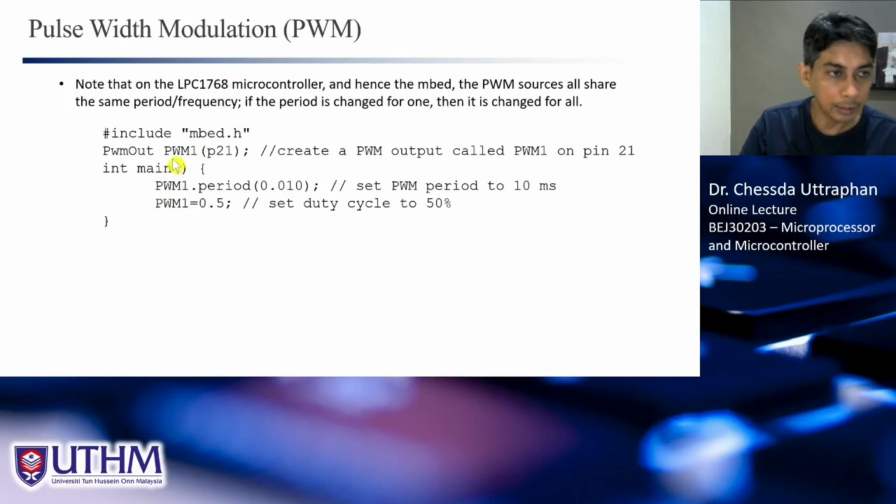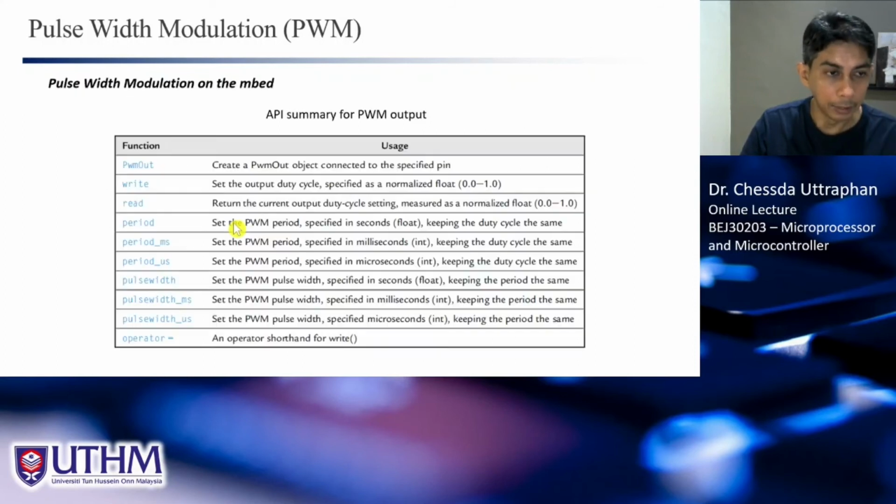In this case, the name is PWM1 dot period, and in the bracket here it is set to 0.01, or set to 10 millisecond, right? Or you can have period_ms 10, meaning in millisecond. So period can be in second, in millisecond, and also in microsecond.